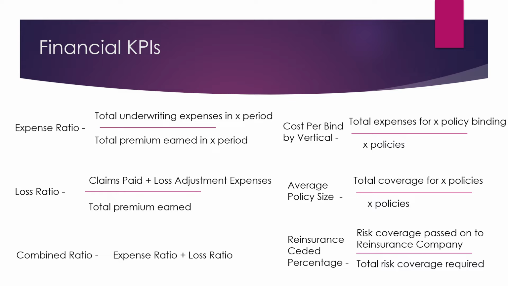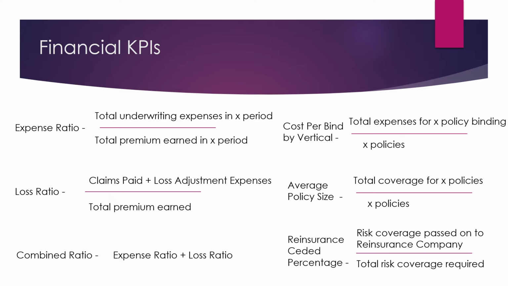The risk coverage passed on to the reinsurance company. In this case, it is that 30 rupees which the insurance company won't be able to pay me, and hence that portion of the risk is passed on to the reinsurance company. So in this case, 30 by 100, that is 30 percent, is the reinsurance ceded percentage.